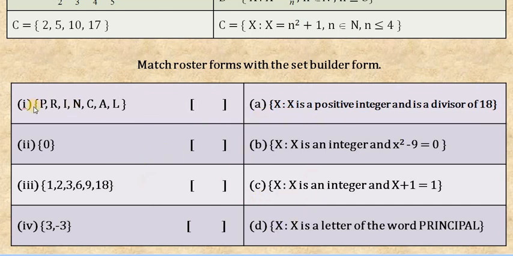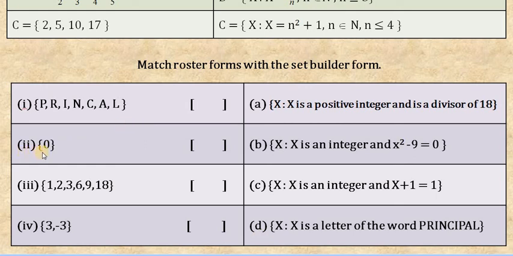So first one, if we take the roster form on the left side, the corresponding set builder form will be D, because here principal is a word and in this we are able to find the letters PRINCAL. So first one matches to D. Okay.